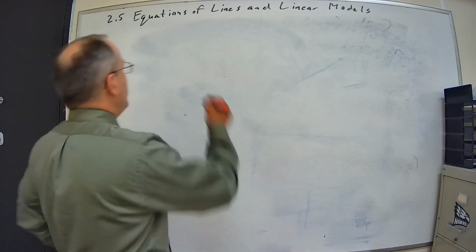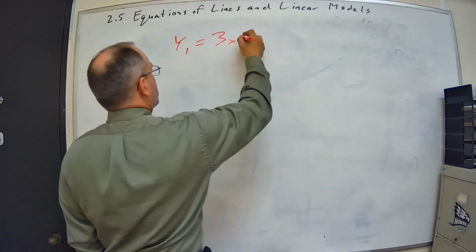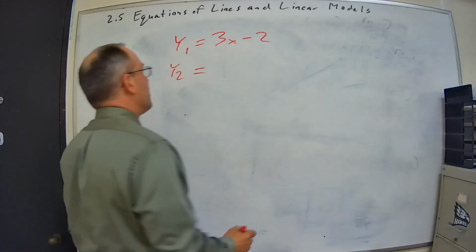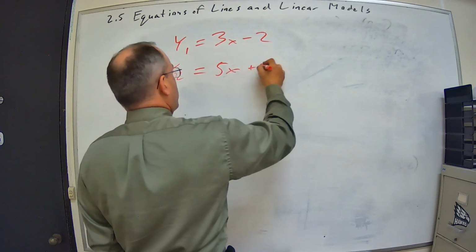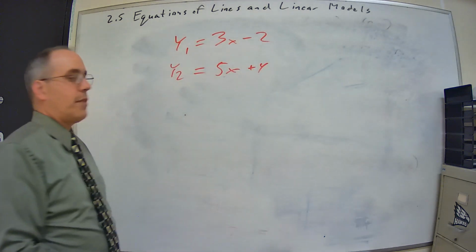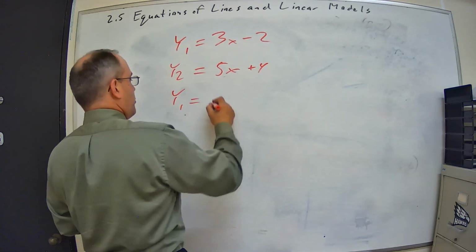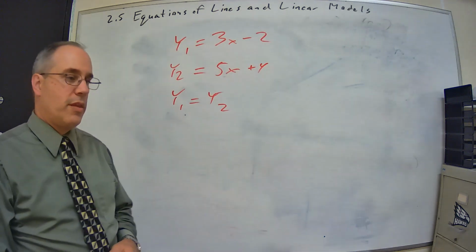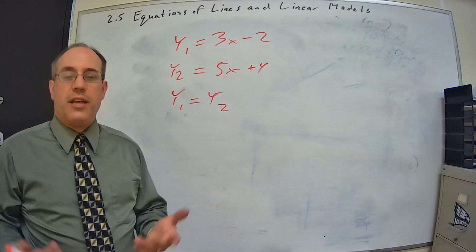So we can say if we have y1 is equal to 3x minus 2, and y2 is equal to 5x plus 4, and then we say y1 is equal to y2, we can solve and find what value of x makes that true.